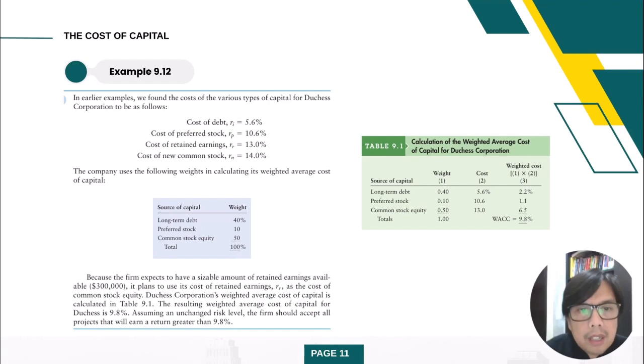Sources of capital: long-term debt weight is 40%, preferred stock is 10%, common stock equity is 50%, with a total of 100%. Because the firm expects to have a sizable amount of retained earnings available, $300,000, it plans to use its cost of retained earnings as the cost of common stock equity.